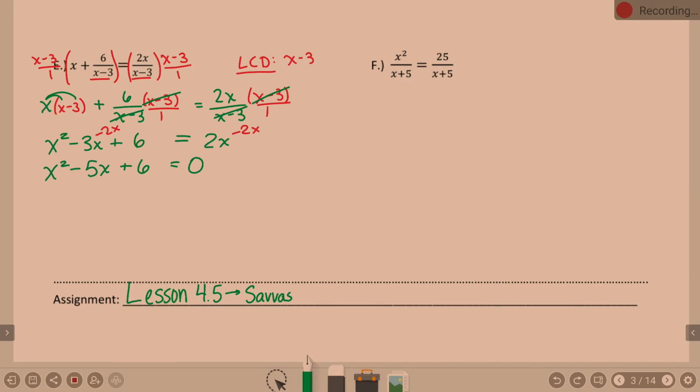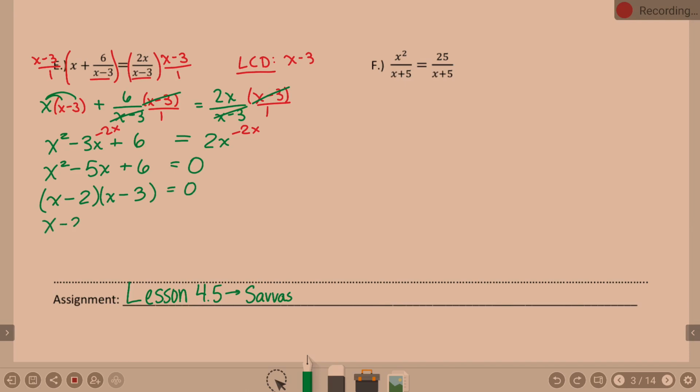Two parentheses. What do you got happening for me? What multiplies to be 6 and adds to be negative 5? Because they're the same signs, it's 2 and 3. Since it multiplies to be positive, it's 2 positives or 2 negatives. Adds to be negative 5 is 2 negatives. Set each factor equal to 0.